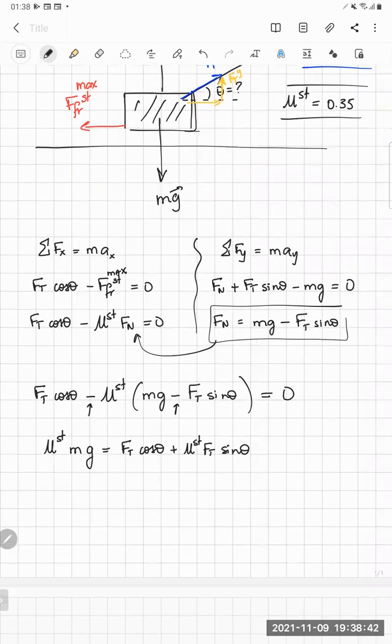I'm going to isolate M, but before that, let me show you that here I can write things as Ft times cosine of theta plus that coefficient and sine of theta. All right, I'm isolating M, so I have M on this side equal to the coefficient and G down. So this is our equation.